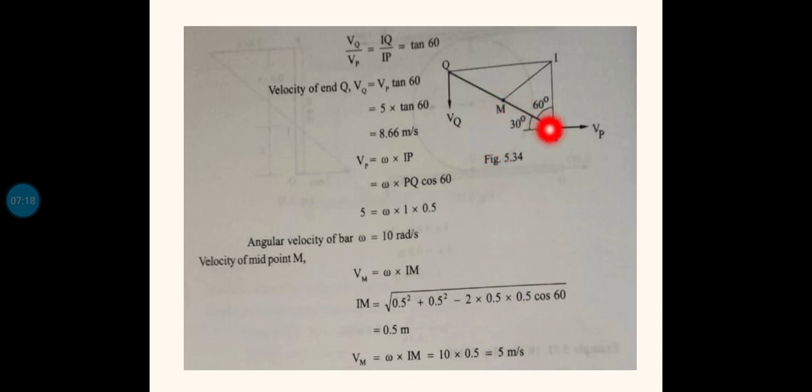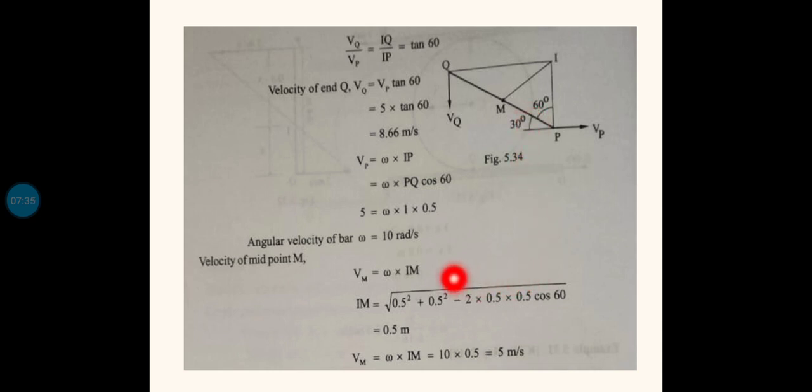For example, if this is 2 and this is 3, then the equation becomes IM equal to root of 2 square plus 3 square minus 2 into 3 into cos 60. Similarly you can identify the third unknown edge.